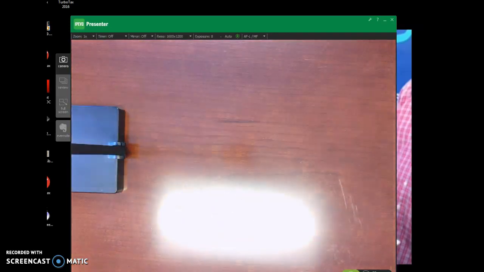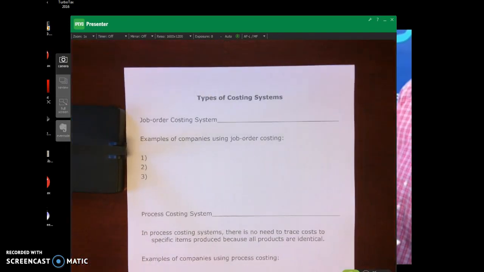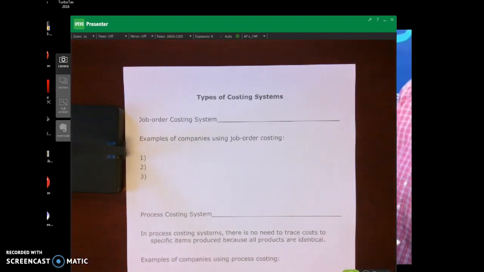Let's go on and talk about types of costing systems right over here. So when we talk about those types of costing systems, we talk about job order costing and process costing. And then remember, these are those two types of product costing systems.